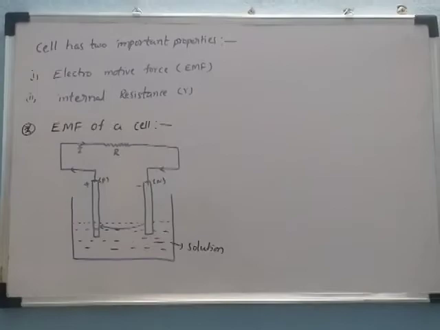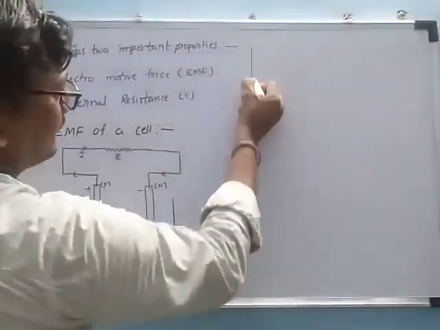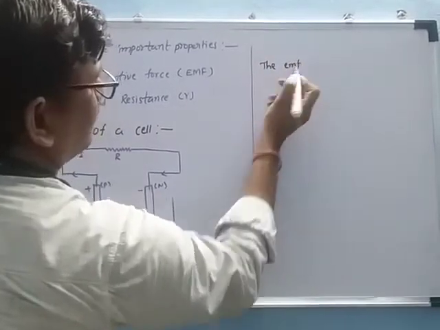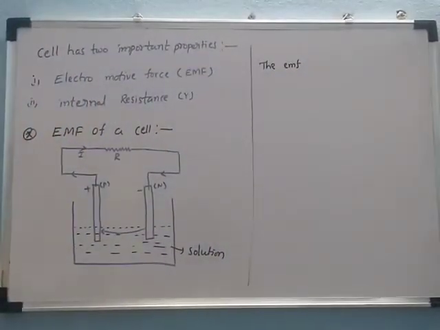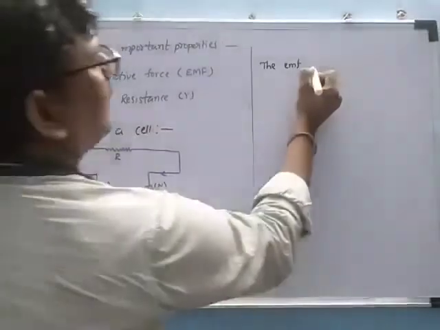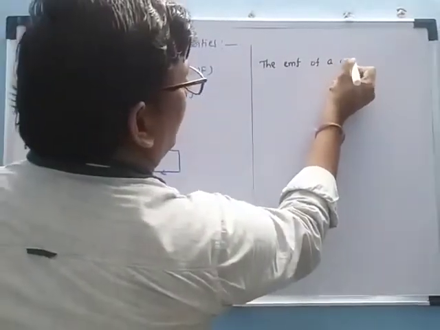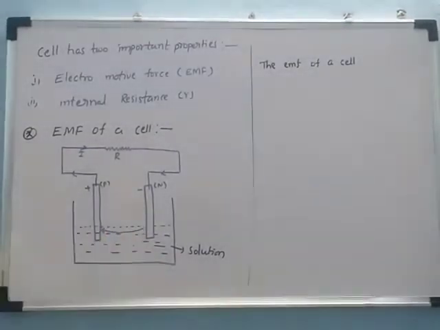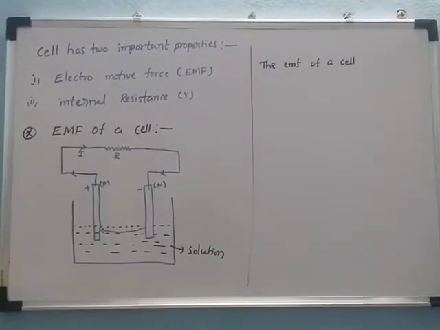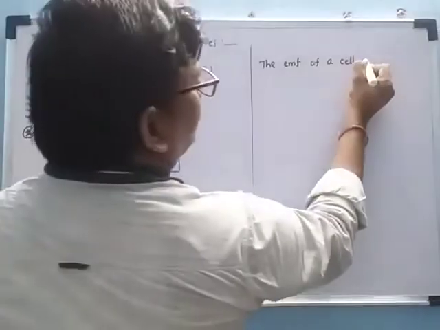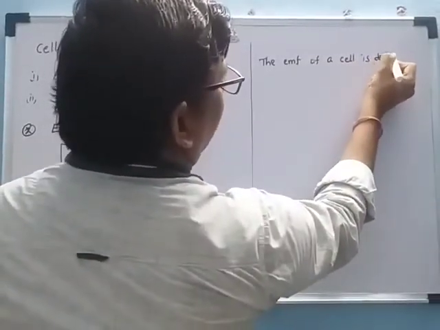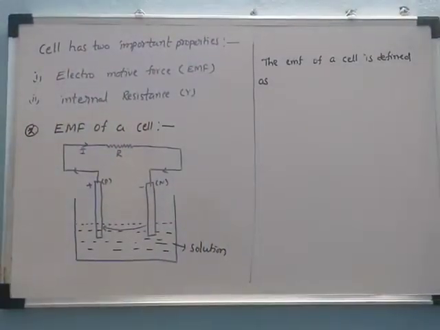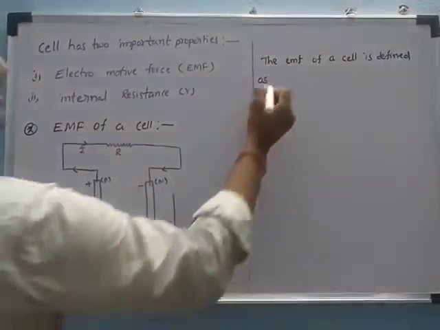Now we can write the statement. The EMF, that is the electromotive force of a cell, which has two electrodes, positive and negative terminals, is defined as the work done.